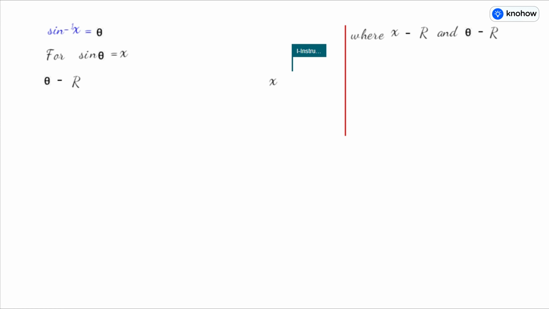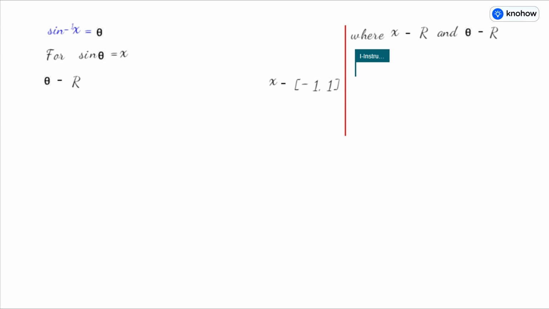No. So what is the range of sine theta? Range of sine theta is minus 1 to 1. So x lies in the interval negative 1 to 1. So the domain of sine theta is any real number, but the range is negative 1 to 1.